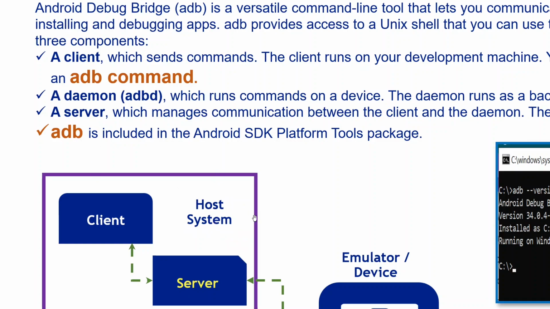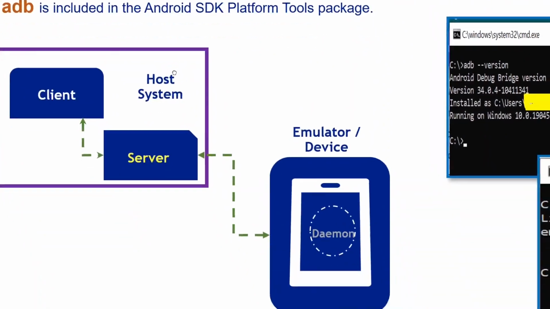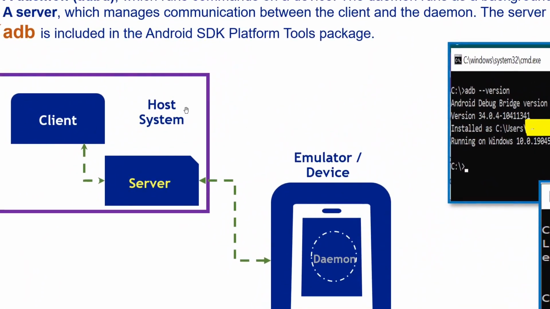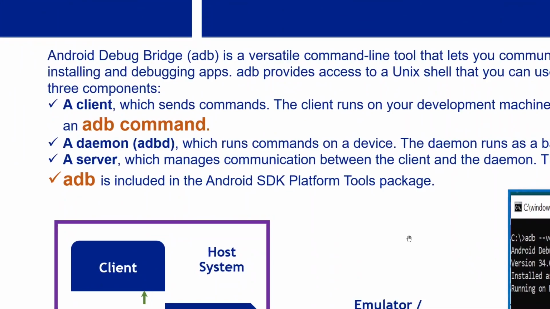In the host system, once you install, it will configure three things: one is the client, second is the server component, the third is the daemon service. The moment you install the emulator, that will be installed in the background and reside in the emulator device. If you are working on a physical device, it will be installed at the moment you connect. You may not recognize it as a user interface, but in the background that will happen.